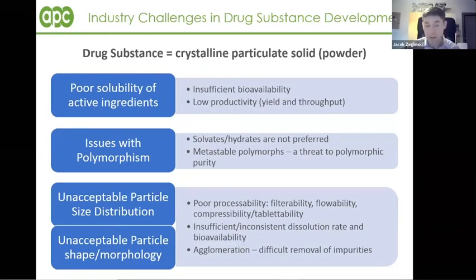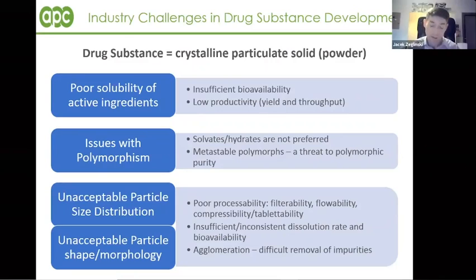For example, they might be too large and have insufficient dissolution rate and bioavailability. Very often particles do not appear as primary particles, but show up as granules or agglomerates. And again, this is unwanted because very often it will affect purity of the material. It's difficult to remove impurities which are hidden in the voids between agglomerated particles. So those are a few challenges we are facing.